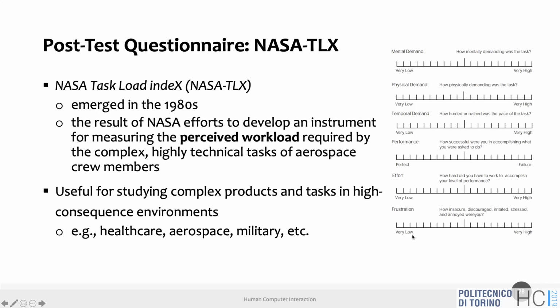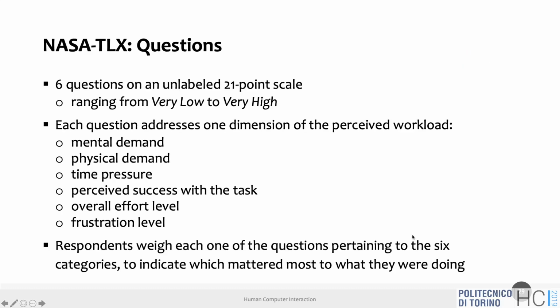So quite a large question. And you can select from very low up to very high in 21 points. So it adds some workload to the participant to complete, but it is also very reliable for this complex task.